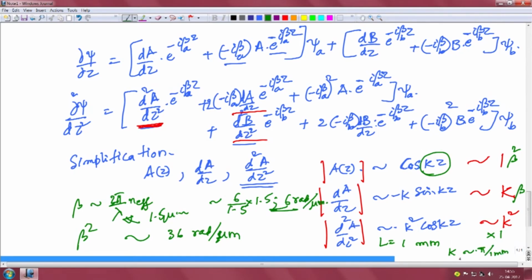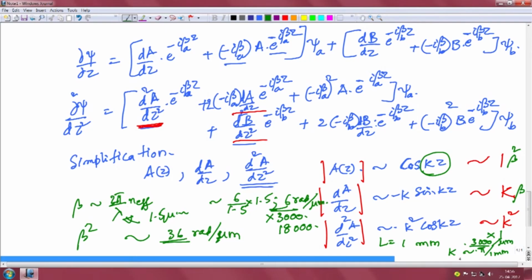So k is of the order of 3000 per micrometer, which multiplies this beta. So we say the product beta into k is of the order of 18,000 radians square per micrometer square. This is of the order of 36 radians per micrometer.